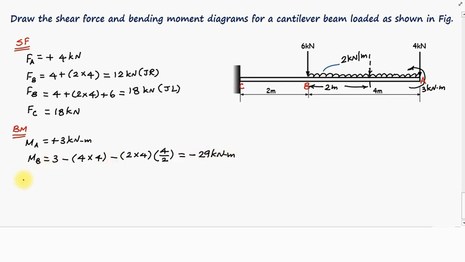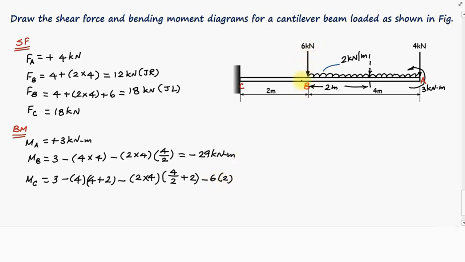Now coming to the point C. Bending moment at the point C is equal to this 3 kilonewton meter, negative 4 kilonewton multiplied with the perpendicular distance of 4 meters plus 2 meters, minus this 2 kilonewton per meter acting for a distance of 4 meters, that is the total load, multiplied with 4 divided by 2 plus 2 meters, minus 6 kilonewton multiplied with the perpendicular distance of 2 meters.